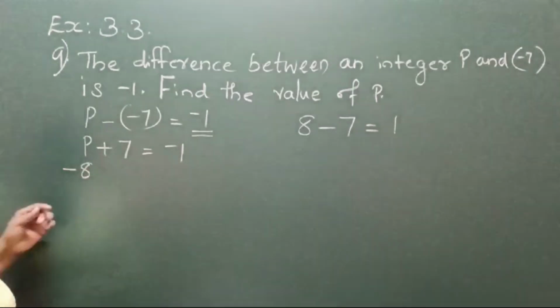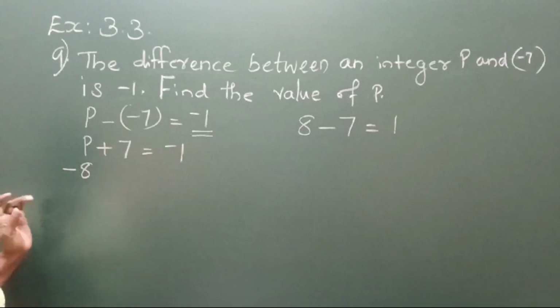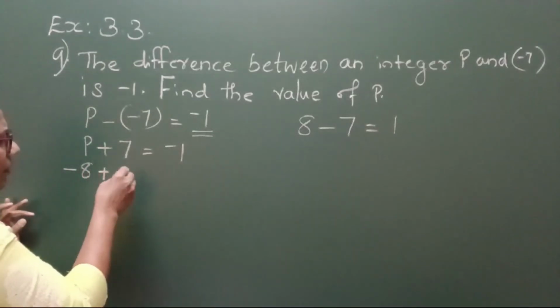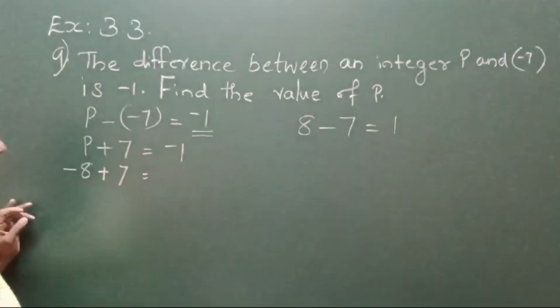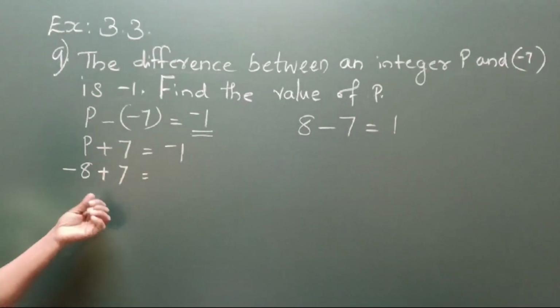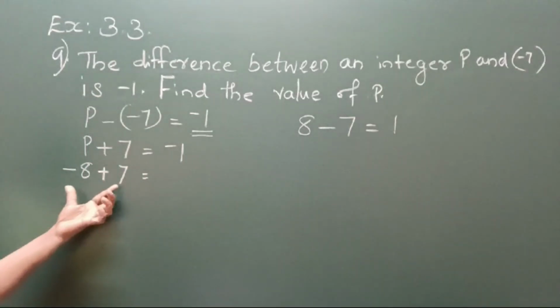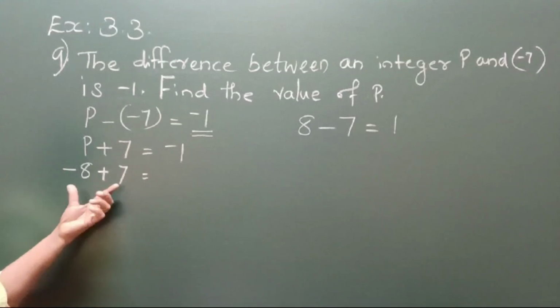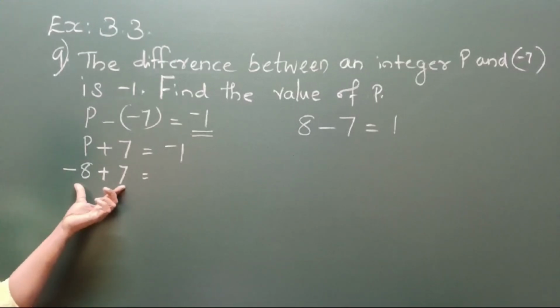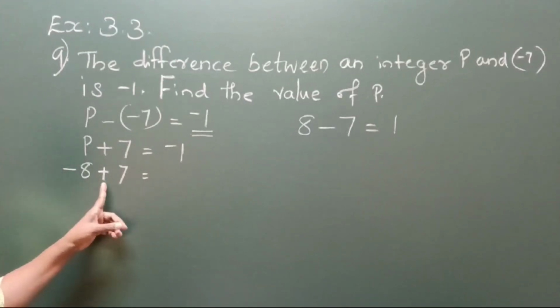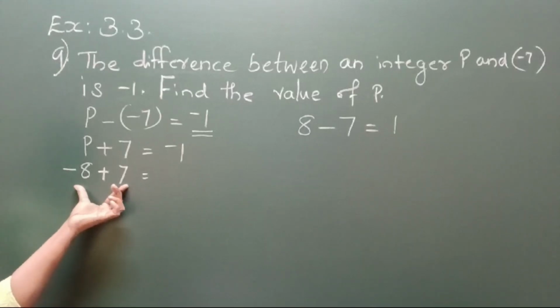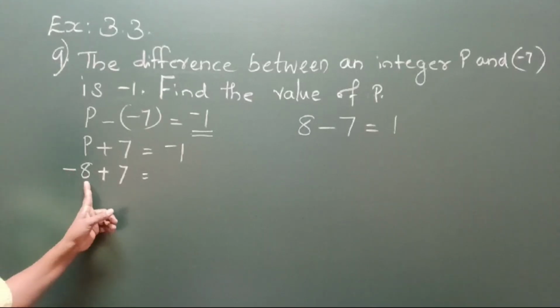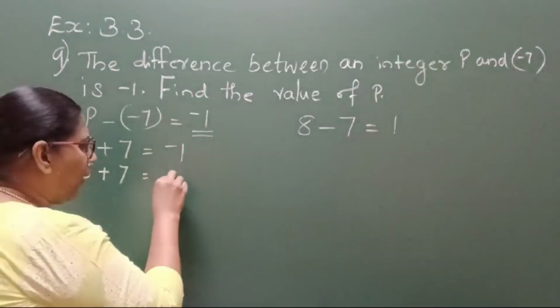So let's see here, 8 plus 7 is equal to, let's see whether we get the answer minus 1 or not. This is a negative integer, this is a positive integer. When they are two different integers, what do we have to do? Instead of addition, we have to find the difference. So 8 minus 7 is equal to 1.